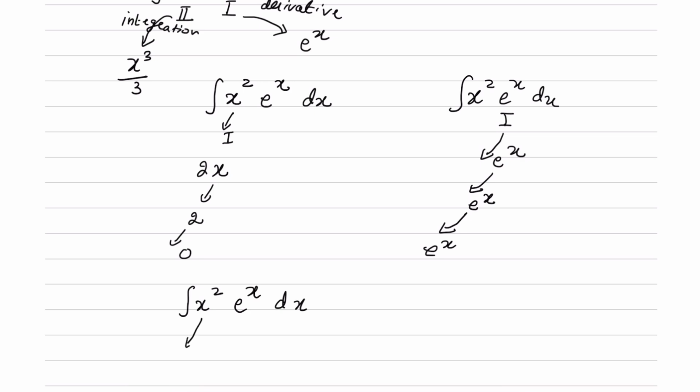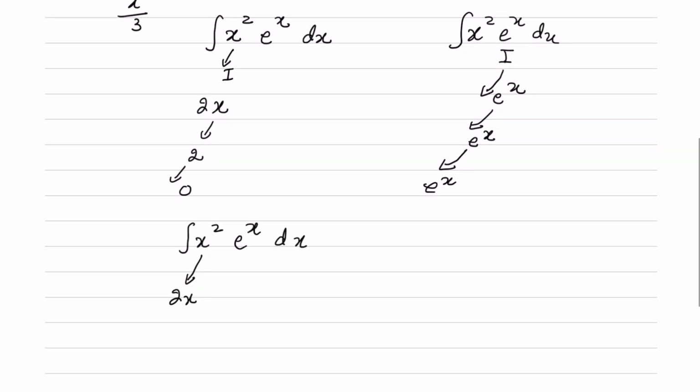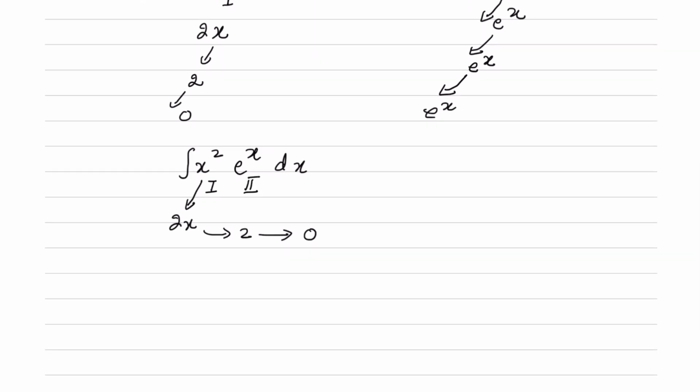X square's derivative is 2x, you know it. But you keep on taking its derivative, and if it vanishes, then you will simply say, okay, fine, let me call x square the first function, and then definitely you will have to call e power x the second function. That's the first thing you have to keep in mind when calling one of the functions first and another the second.